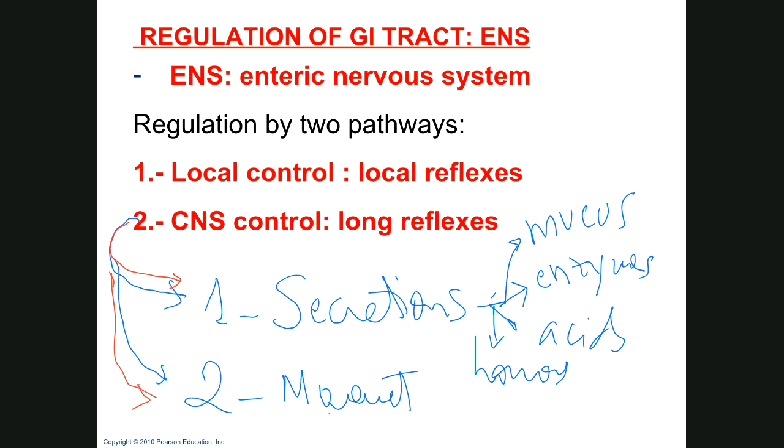Parasympathetic is going to stimulate, sympathetic is going to stop. Again, parasympathetic stimulates, sympathetic stops. And that's what we call the CNS long reflexes, because it's coming from the brain.